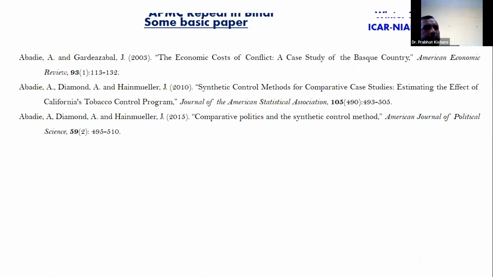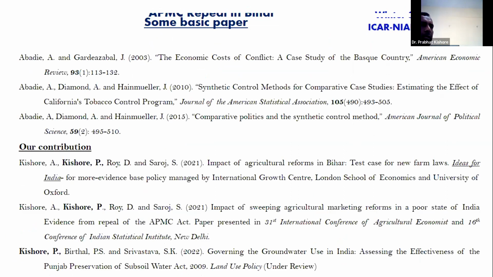For assessment with this method, we have presented in some conferences, and some papers we have sent to some journals, and we are expecting results. So this is from my side for the lecture and briefing you about this methodology, but I will be doing some practical if you are interested in that part.